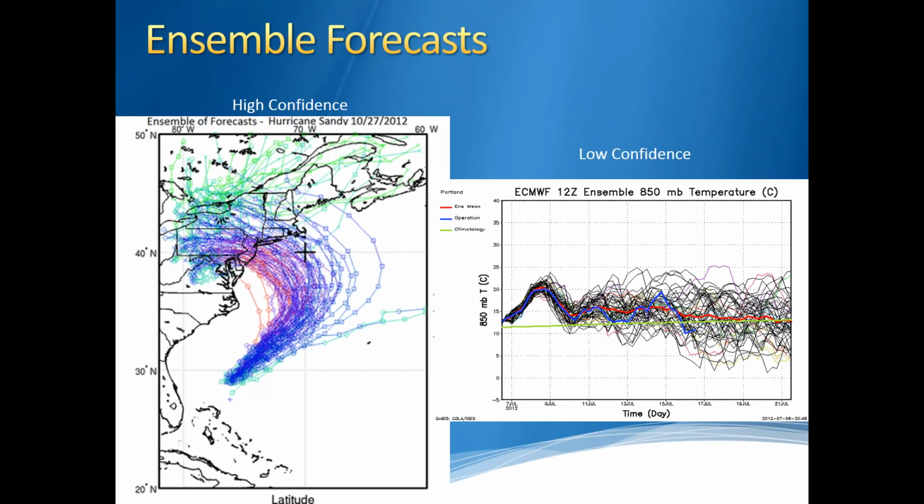So this actually shows us that most forecast models were predicting that Hurricane Sandy was going to turn back and hit the United States. There were 2 forecast models that had it going out to sea. Every other forecast model had it making that turn.